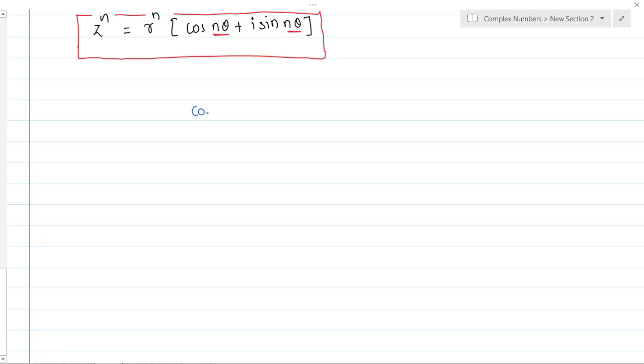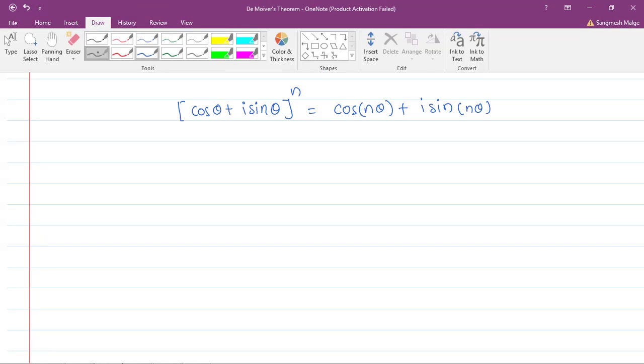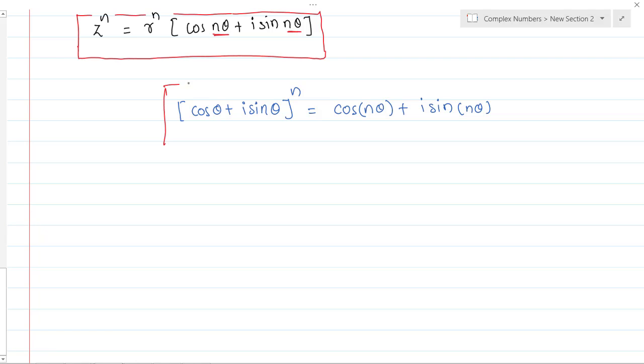Cos theta plus i sin theta to the power n is equal to cos of n theta plus i sin of n theta. So this is the formula we can remember. Very important formula.